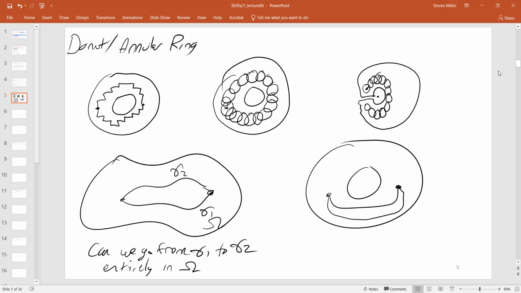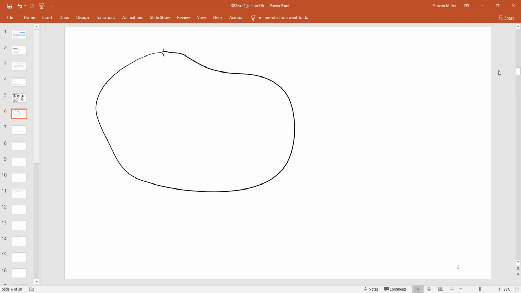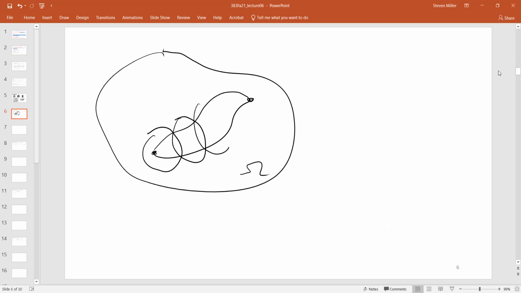And so, a little bit more explicitly, here's my set omega. Here's one curve. Here's another curve. And what I can do is I can draw a bunch of disks like this.